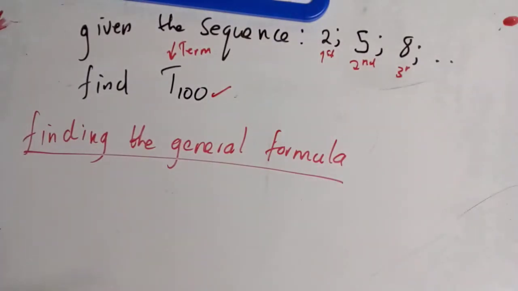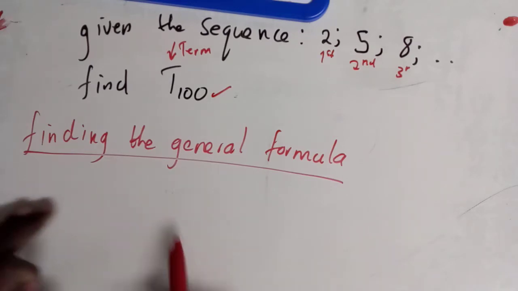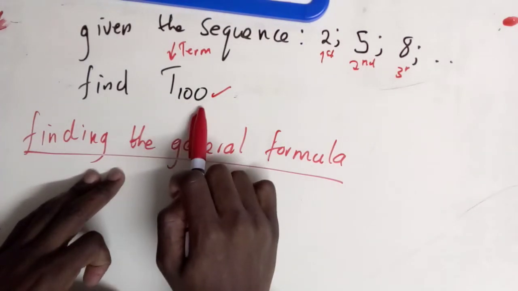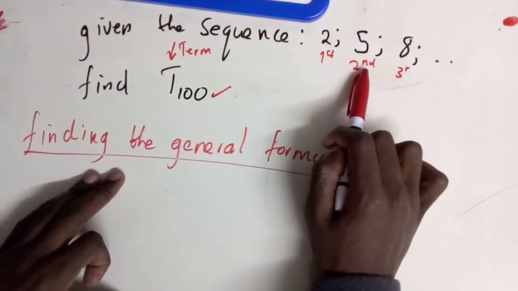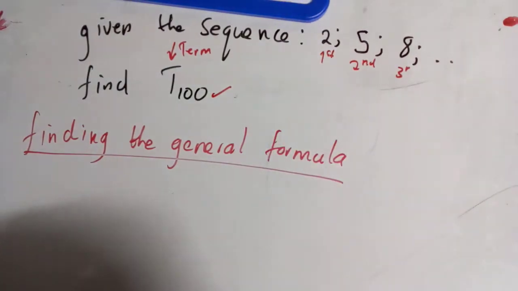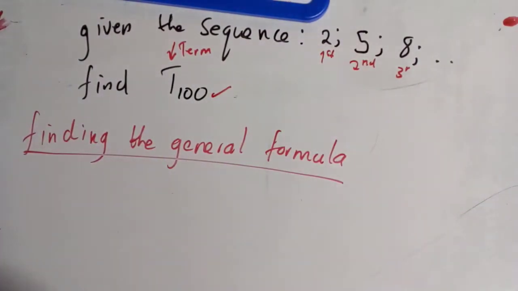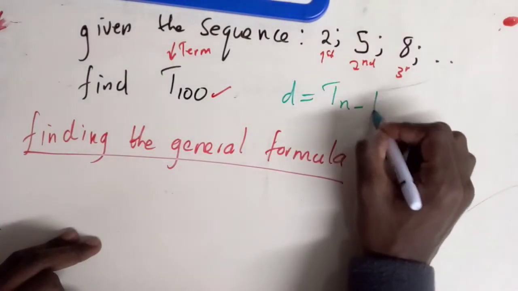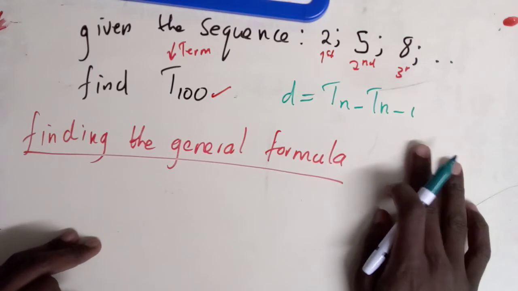Okay, so in the last video, we saw the importance of having a general formula. We were looking for T100, and we saw that it is very tedious. It's a lot of work to find T100 just by using the equation or the common denominator. d is equal to Tn minus T(n-1).